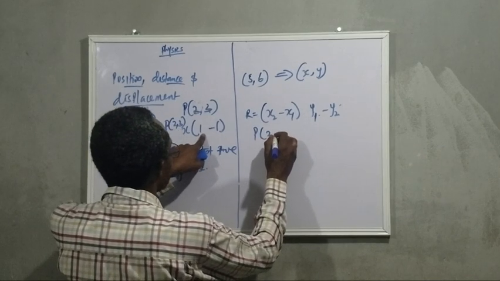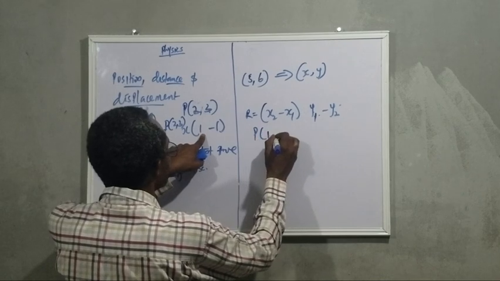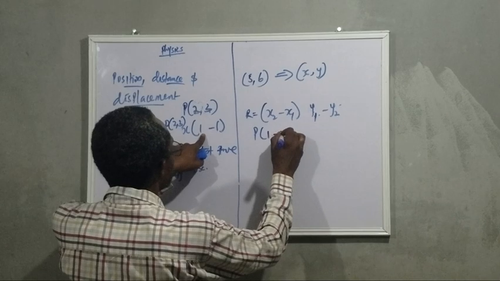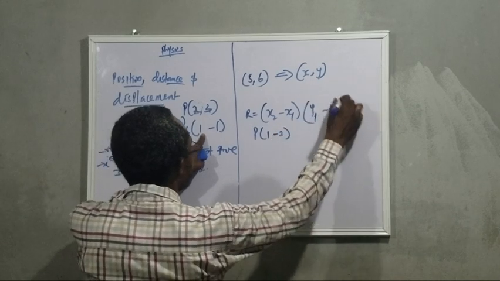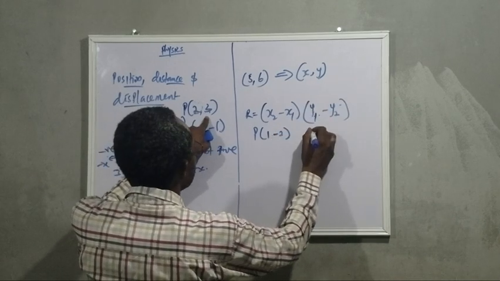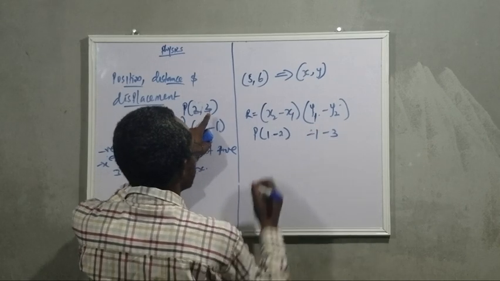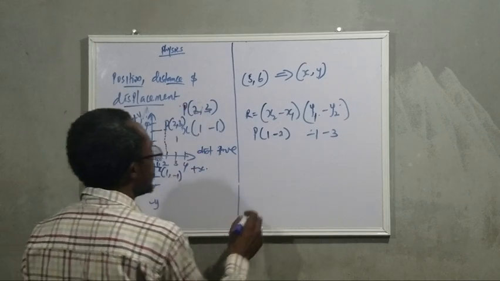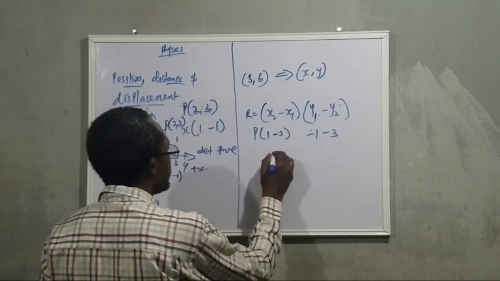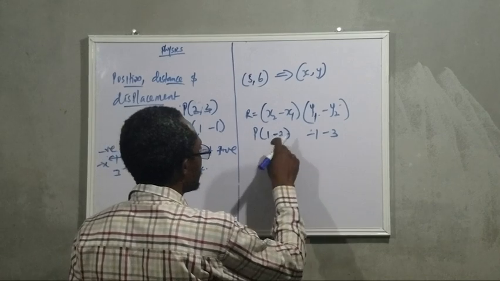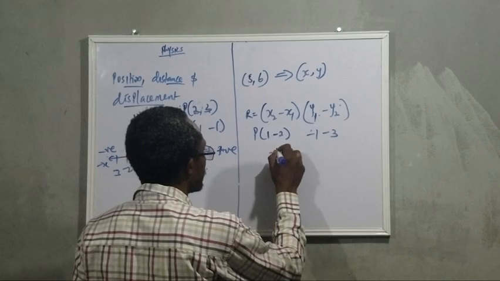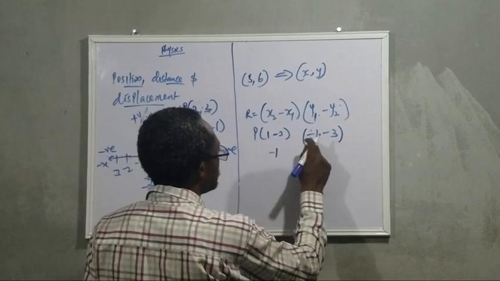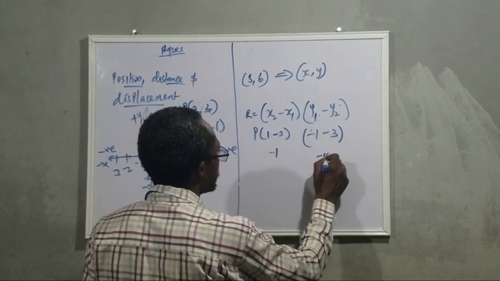So we have -1 minus 2, which gives us -3 for x, and here we have -1 minus 3, which gives us -4 for y.